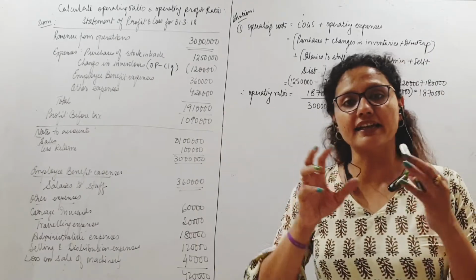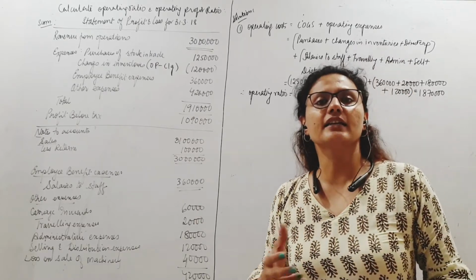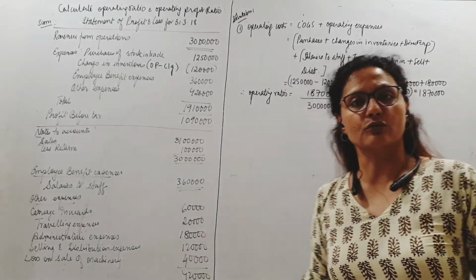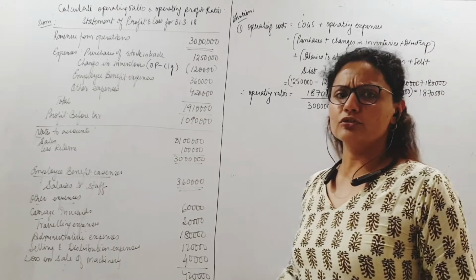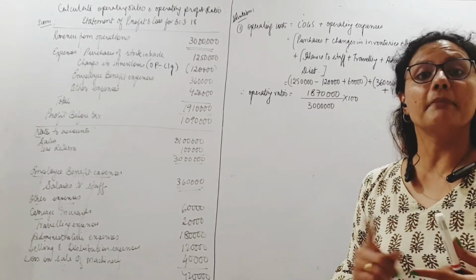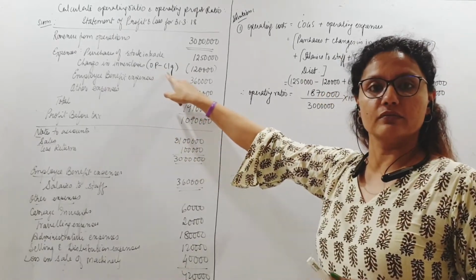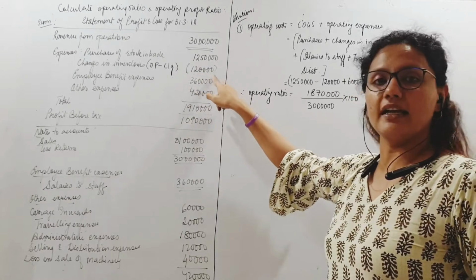So from here we have to identify what we need to find cost of goods sold, and what we need to total the operating expenses. So cost of goods sold, you all remember, purchase plus opening stock minus closing stock. Changes in inventory, opening minus closing, is given to you, net, negative 1,20,000. Okay.